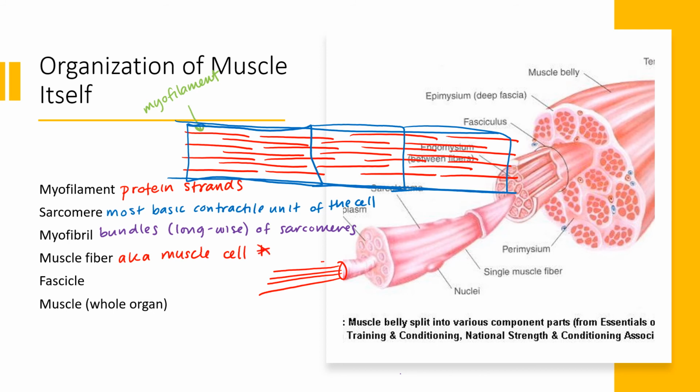Now I'd like to take just a quick second and point out, whoops, let me get my pen back. Muscle fiber refers to skeletal muscle, which as we discuss muscles throughout this unit, we're basically always talking about skeletal muscles unless mentioned otherwise.